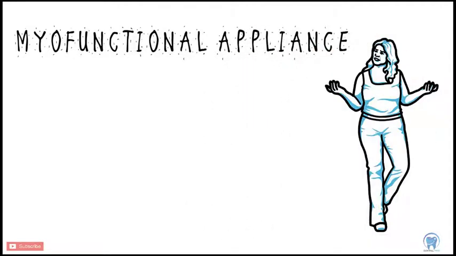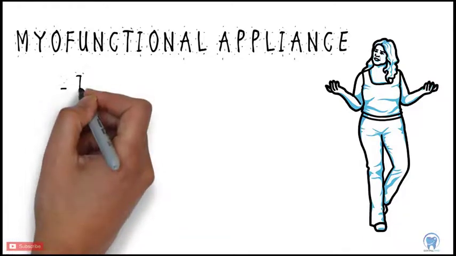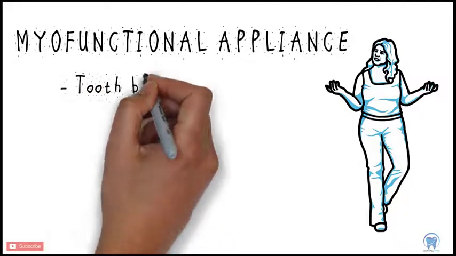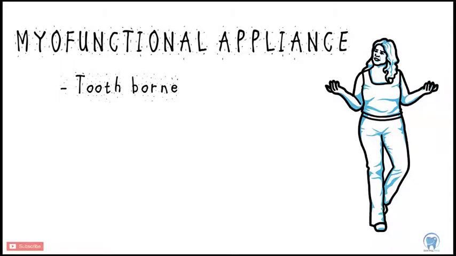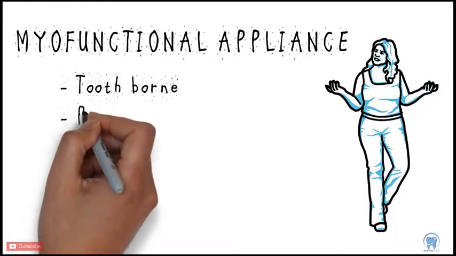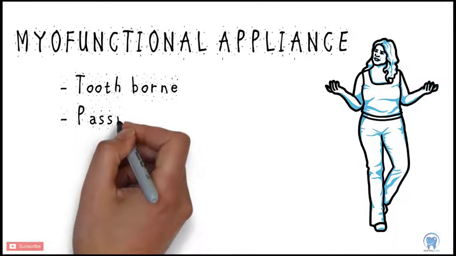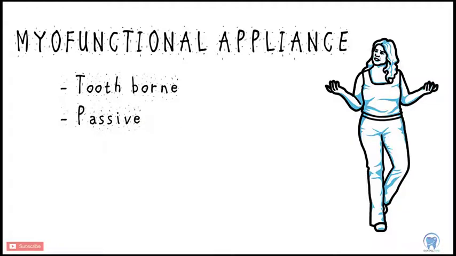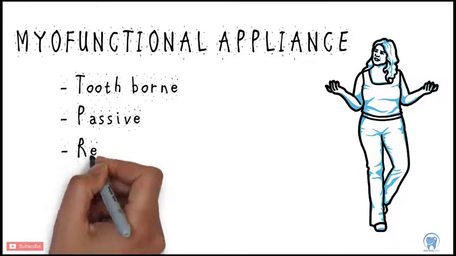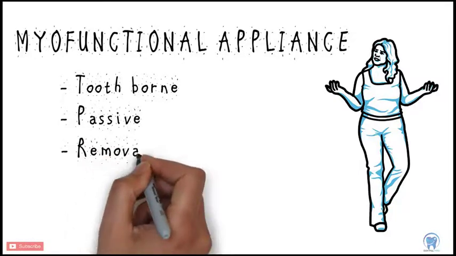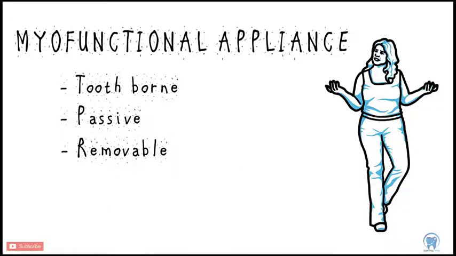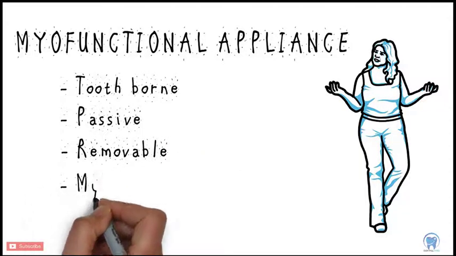The Bionator is an appliance designed to be present on teeth and not on the tissues, so it is a type of tooth borne appliance. Soft tissue stretch and muscle activity is used to produce the desired result, so it is a type of passive appliance. This type of appliance can be removed while eating and can be worn for the rest of the day, so Bionator comes under the removable category.